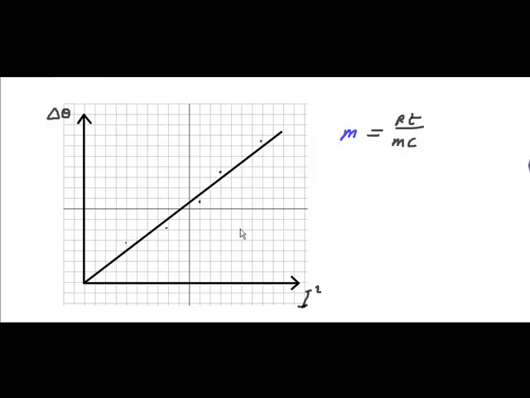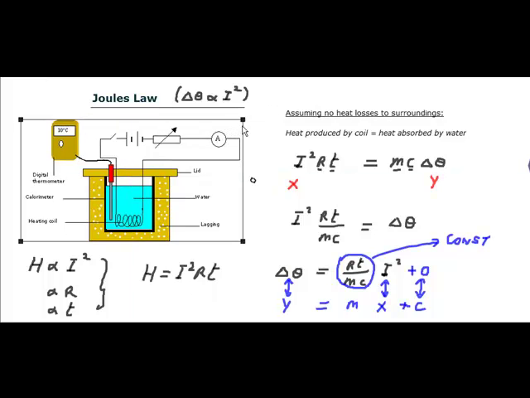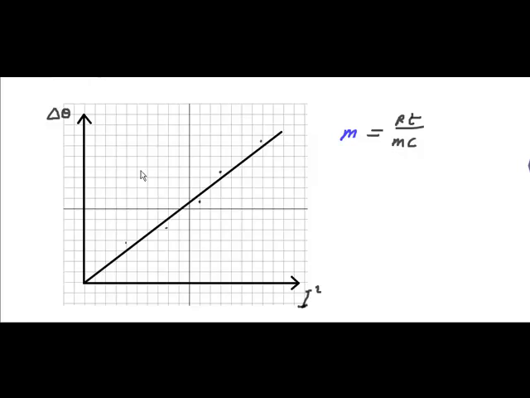So just to go back to how you actually get the graph, that's what the readings for this experiment are. You would take several readings of current squared and several readings of the corresponding delta theta, or change in temperature. You get your readings of current from the ammeter, and you get your readings of theta from the thermometer here. And so you take 5 or 6 readings, and each reading of I squared versus delta theta corresponds to a point on the graph, and you get points maybe something like this, and then you draw the line of best fit that goes through all those points.